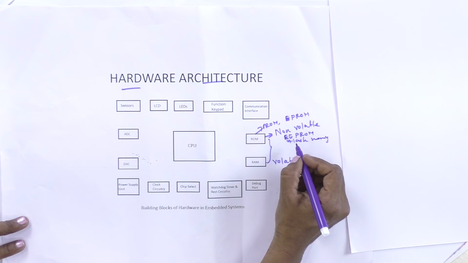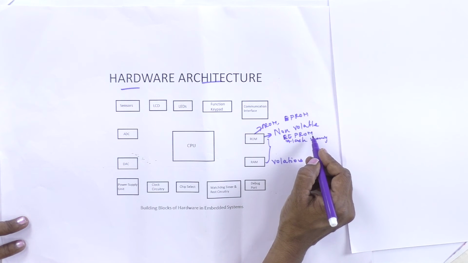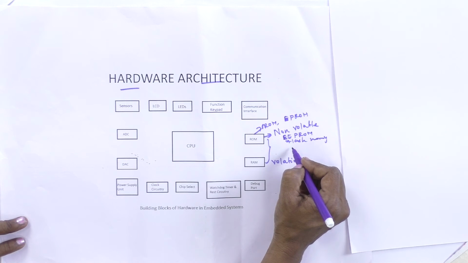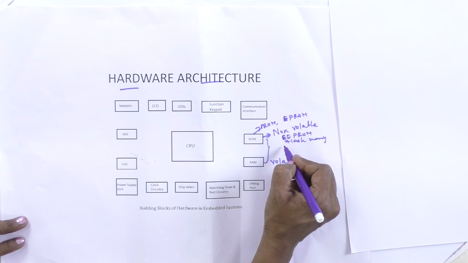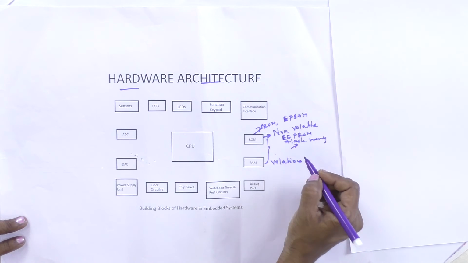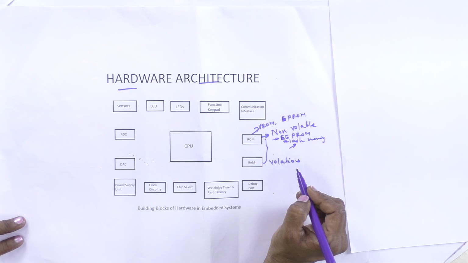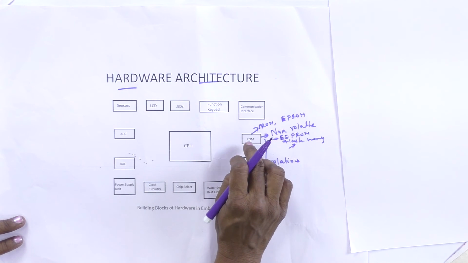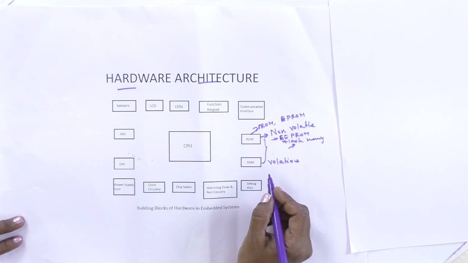Flash memory is also electrically erasable programmable read-only memory, but the difference between EEPROM and flash memory is that flash is electrically erased at the segment level. The entire block is erased in flash memory, whereas in EEPROM only the registers are erased. So the permanent data is stored on the ROM, whereas the RAM is volatile.